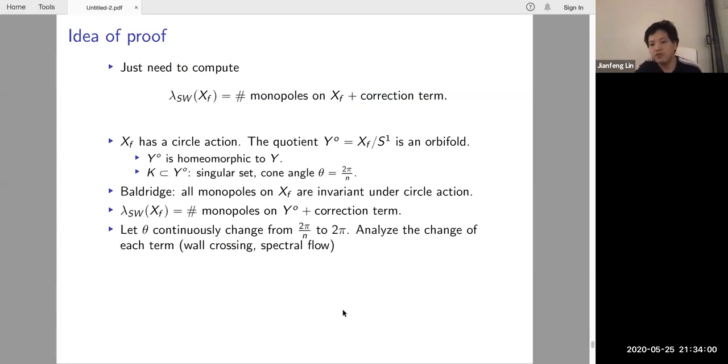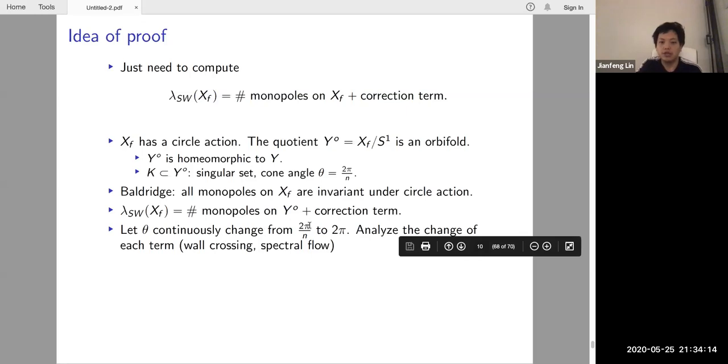The advantage of this new definition is that now we can continuously change the cone angle from 2 pi over n to 2 pi. And both terms in this formula will change during this process. However, we are still able to analyze the change of each term in this formula.